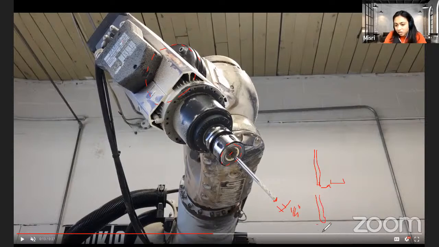If you imagine the material, the point of contact with a ball mill is just one point, as against a straight drill bit, where the point of contact is actually this distance, so it's actually a surface.